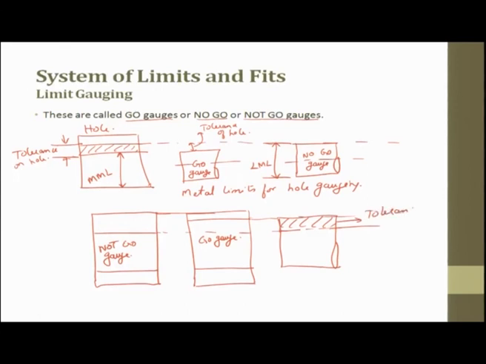This is the tolerance on the shaft. This is your maximum material limit and this is your lower material limit. This is for a metal, limits for shaft gauging. Thank you.